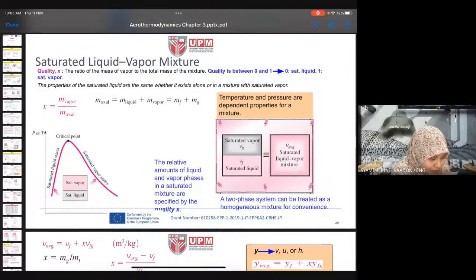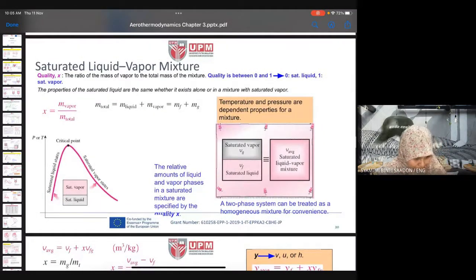This one is the saturated liquid-vapor mixture. We introduce this notation X, or what we call quality. The symbol is X. It is like a percentage, the ratio of the mass of vapor to the total mass of the mixture.